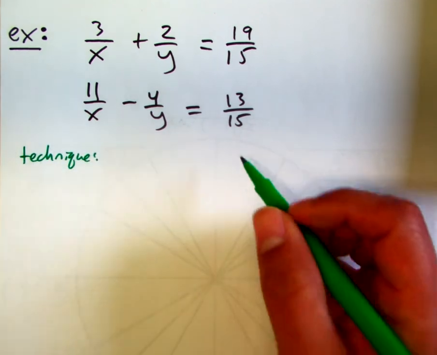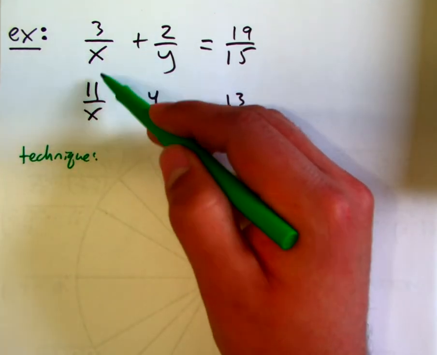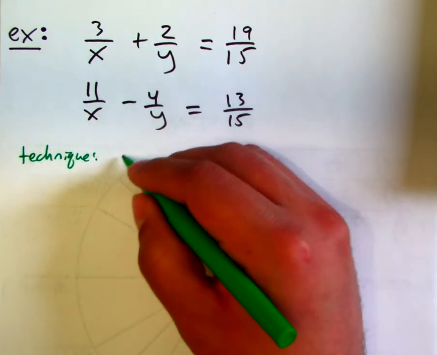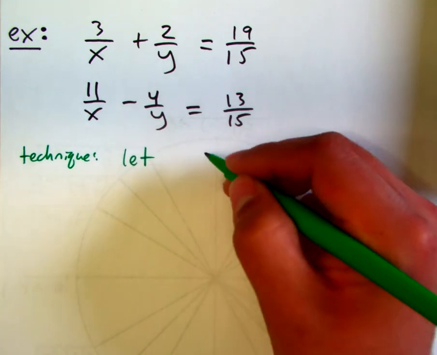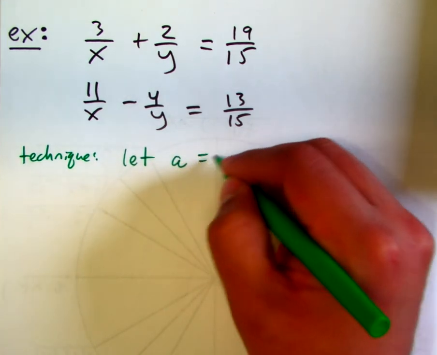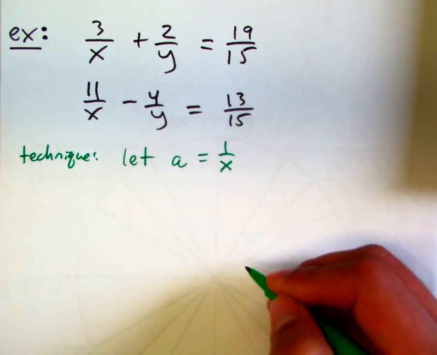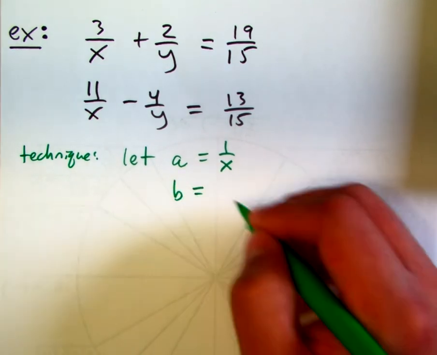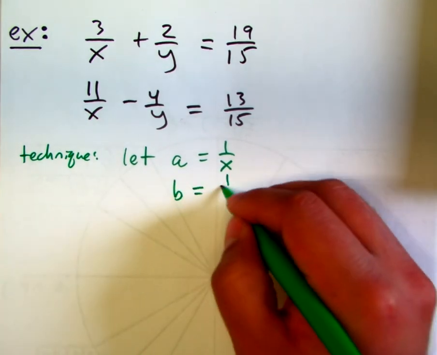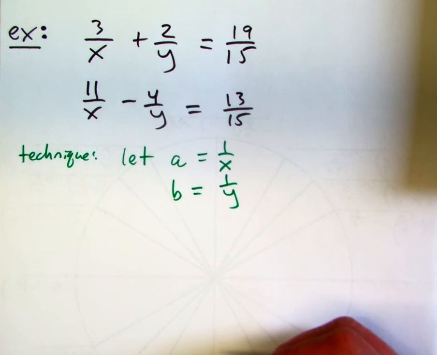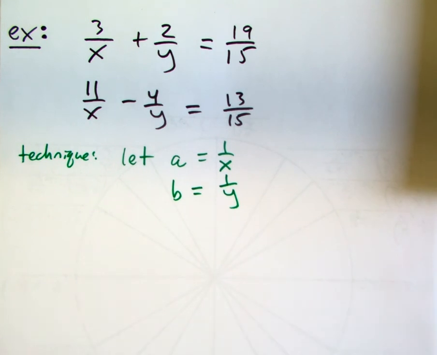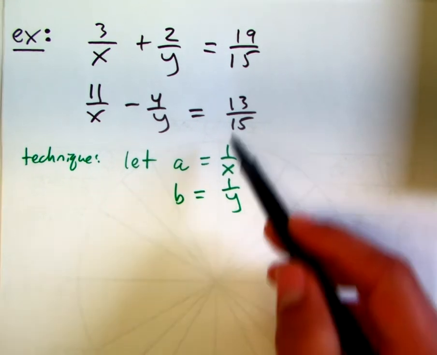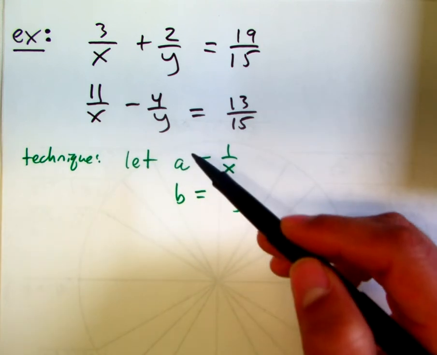You see how we have 3 over x and 11 over x? Let's pick a letter like A, and let's make that 1 over x. And let's do B equal to 1 over y. Then we'll rewrite the equations with a's and b's, which should be a little nicer.